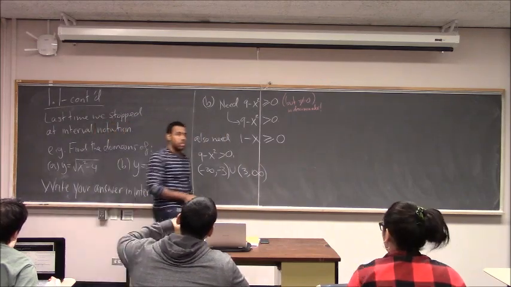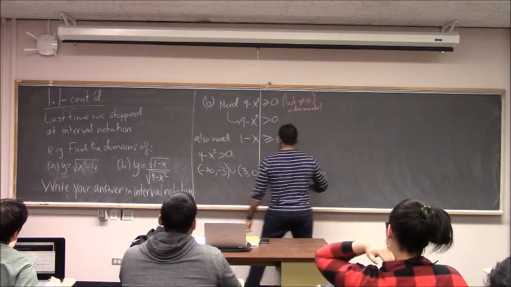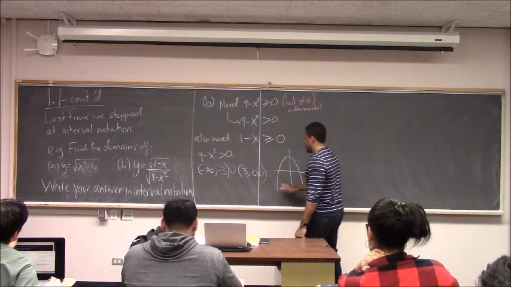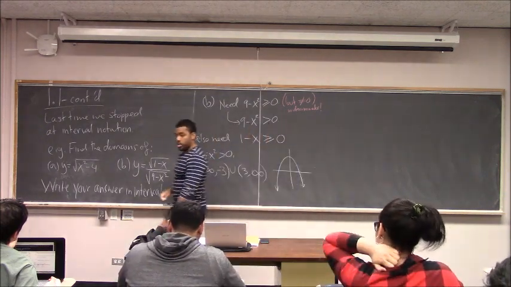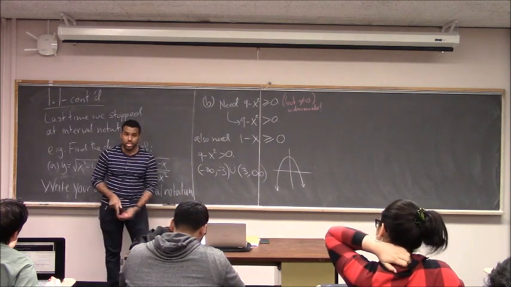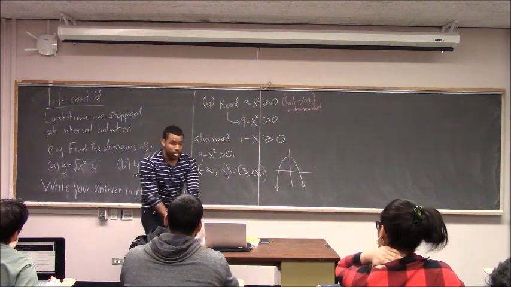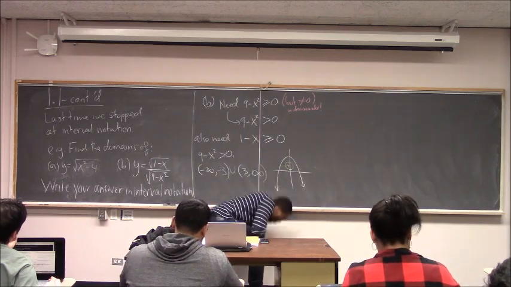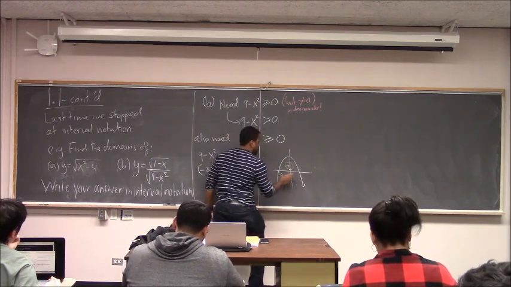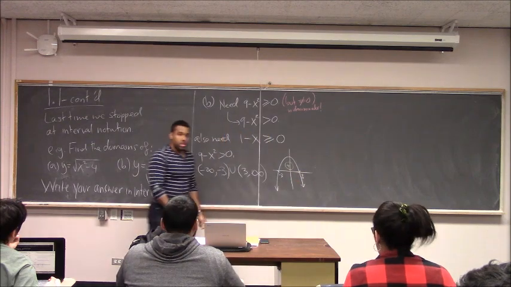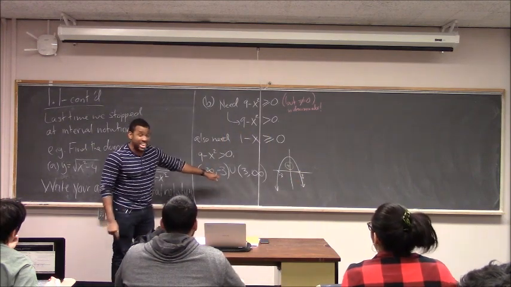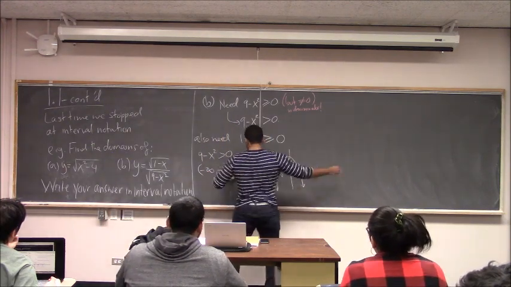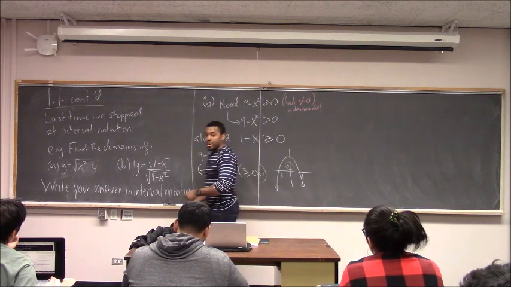It's a parabola going the opposite way, going upside down, because the x squared is negative. Which means where's the positive in this scenario? In between. It's in the middle. So this is where it's negative, right? In this case, the outer edges are the negative ones. You have to be very careful.